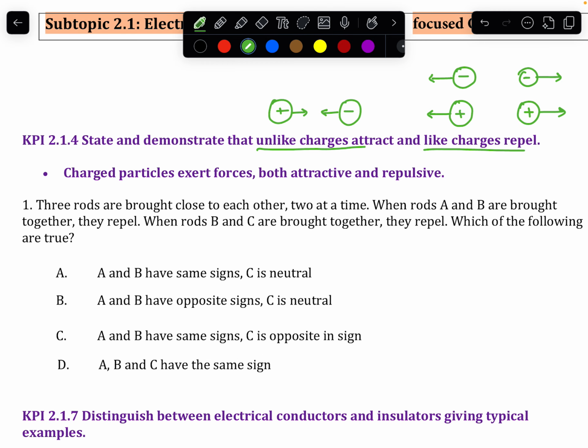Three rods are brought close to each other, two at a time. When rod A and rod B are brought close together, they repel.